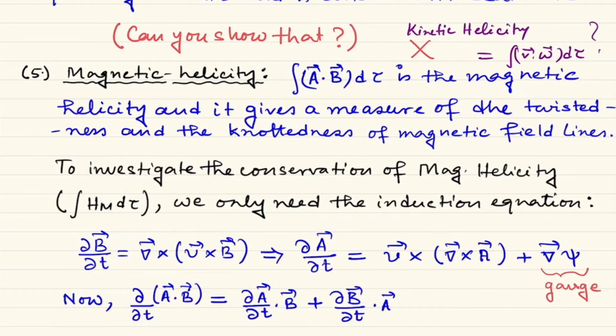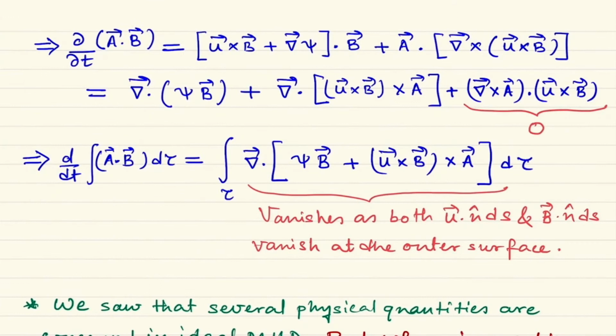So finally, del T of A dot B is nothing but del A del T dot B plus del B del T dot A. That we agree. And then del T of A dot B is nothing but U cross B plus gradient of psi dot B plus A dot curl of U cross B. First of all, you will see that this part comes from the del A del T part, and this term comes from the del B del T part.